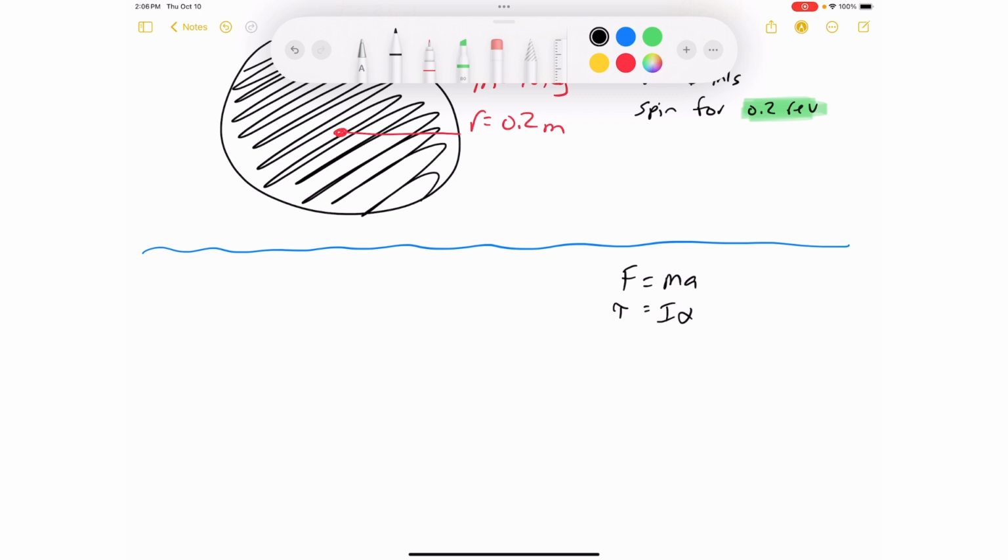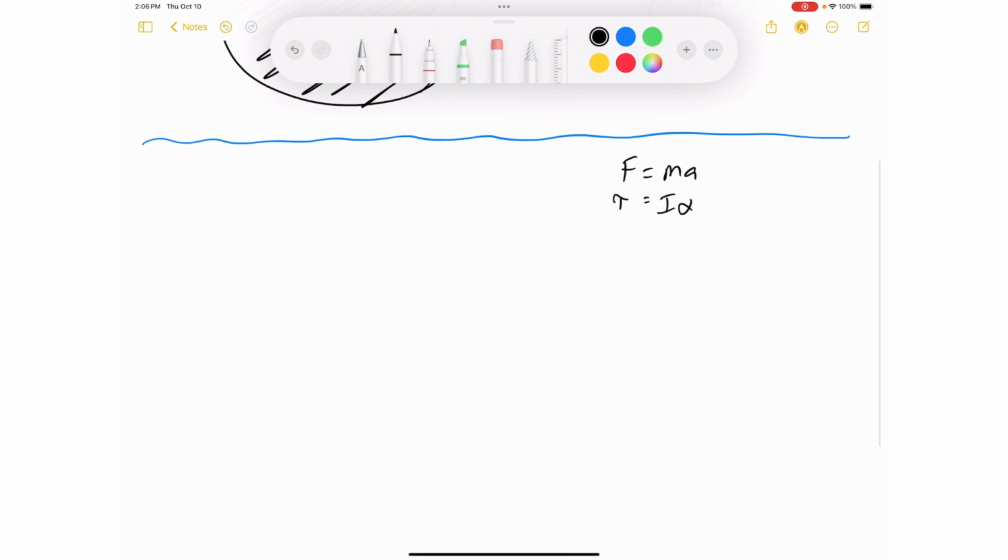And then remember, I is the moment of inertia. Maybe I'll break out these things separately. So tau is torque, and torque is basically force times the distance, as long as they're at right angles to each other. If they're not at right angles, then you have to do vector math. But as long as the force and the lever arm are at 90 degrees to each other, then you can just multiply them. This is the simplified version.